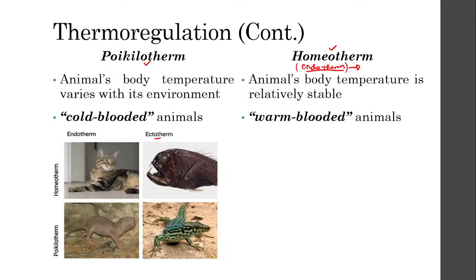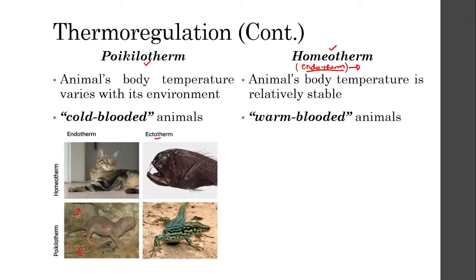But more specifically, a naked mole rat is also a poikilotherm because the temperature within its body can be a little higher or a little lower depending on its outside environment. And it can change that temperature via inner mechanisms.